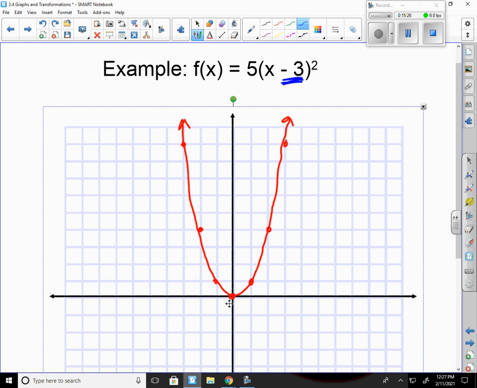It shifts the entire thing to the right by 3 units. Then the 5 out in front of it all makes it a vertical stretch. So it stretches it up 5. So now instead of being over 1 and up 1, it's over 1 and up 5. And this is my new graph.